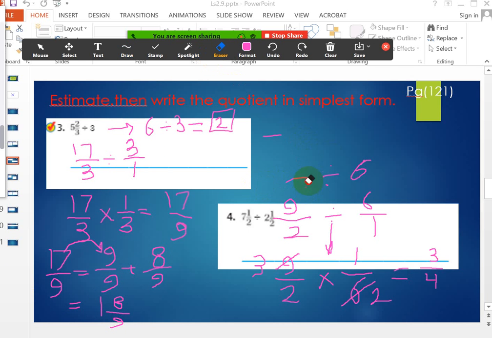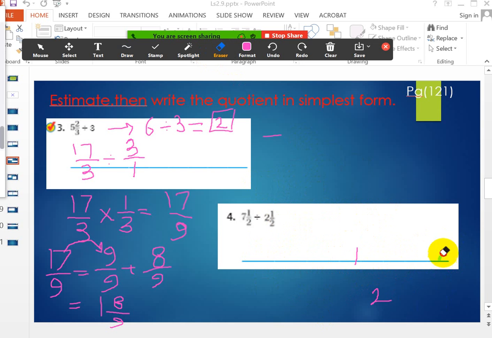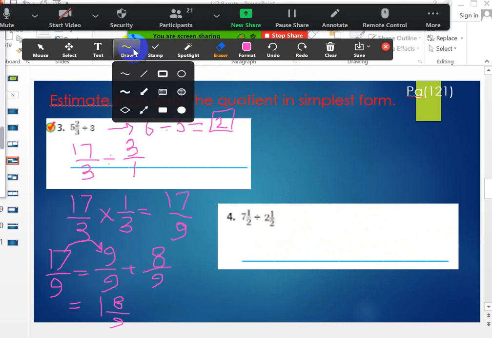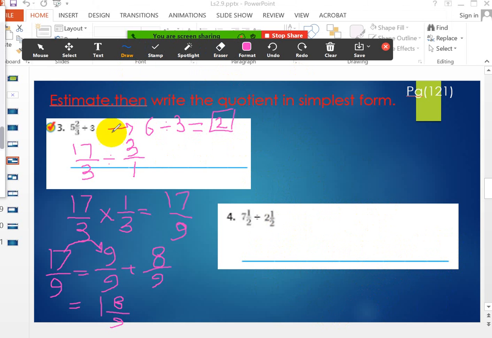Okay, girls? Now we will do many exercises on how to write the simplest form as a mixed number. So the first step, girls, many girls asked me about the first step. Here, to round this number, I will use compatible numbers, numbers able to divide by each other.